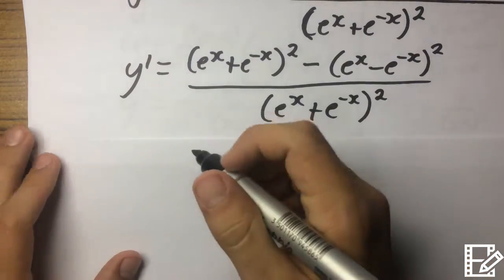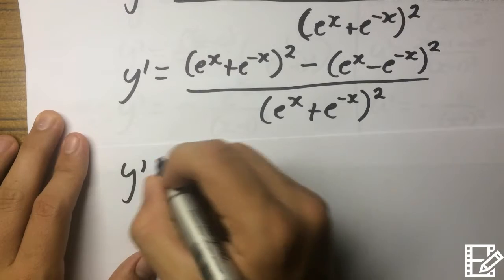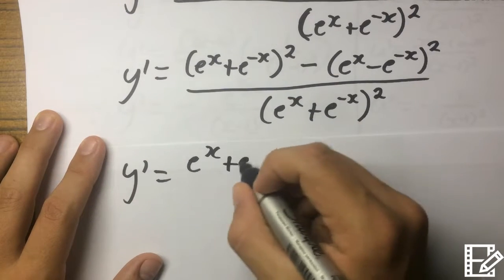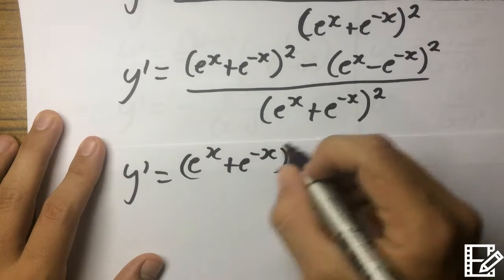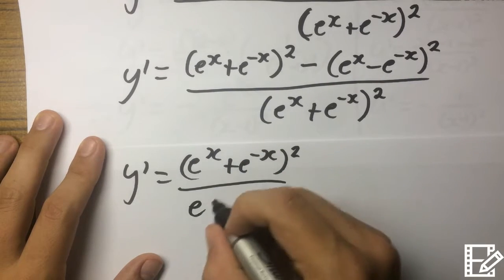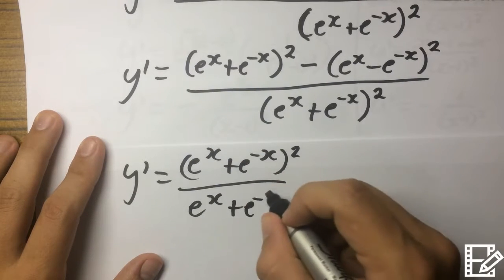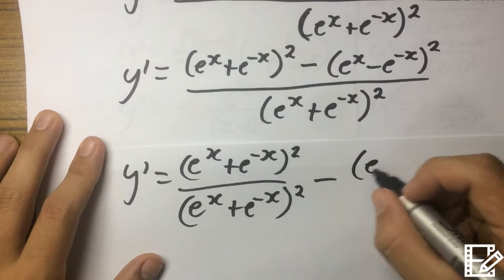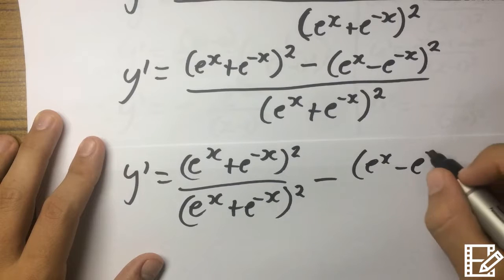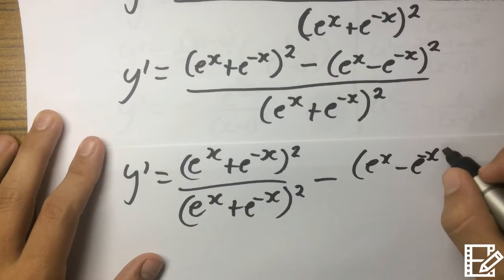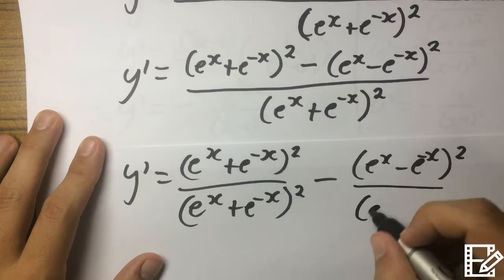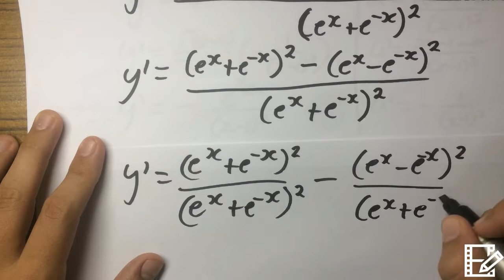What's splitting going to do? Well, we're going to have e to the x plus e to the -x squared over e to the x plus e to the -x squared minus e to the x minus e to the -x squared over e to the x plus e to the -x squared.